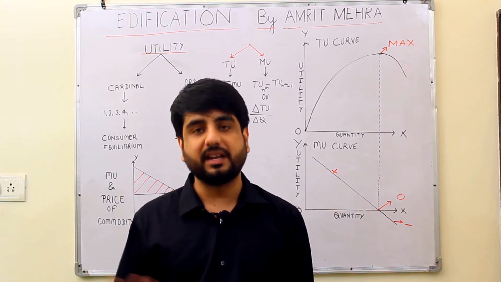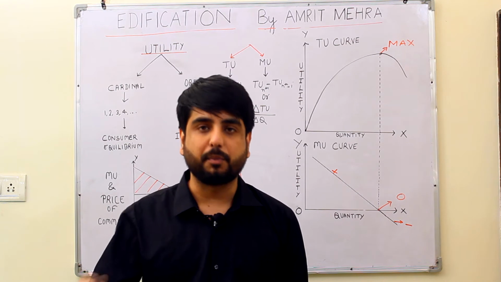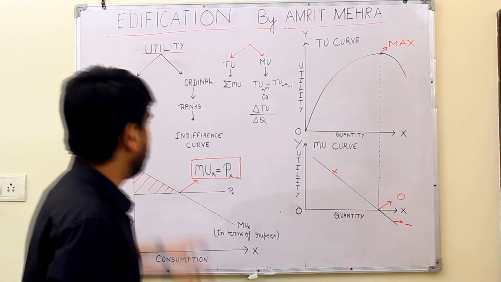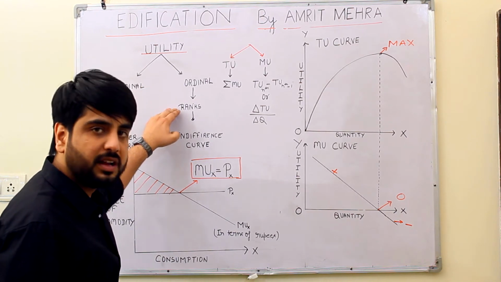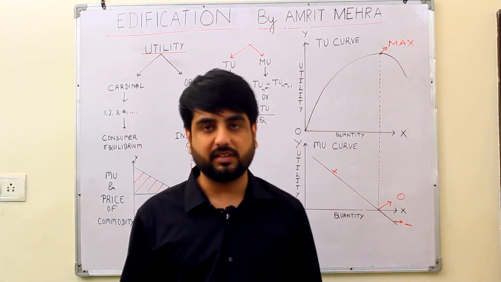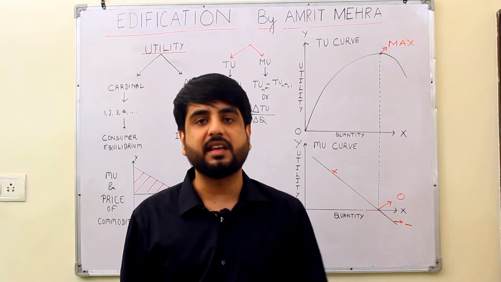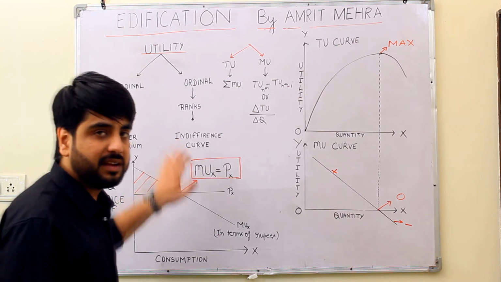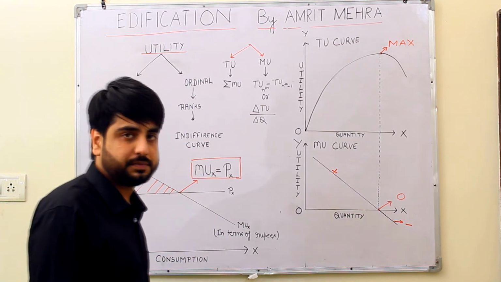For example, it is very difficult to judge how much utility you will get from a cup of tea. So some economists stated that it is better to measure utility according to ranks or a scale of preference. It is definitely easier to say that you get higher utility from this good and a lesser utility from the other good. The indifference curve analysis and the budget line is based upon the ordinal approach.